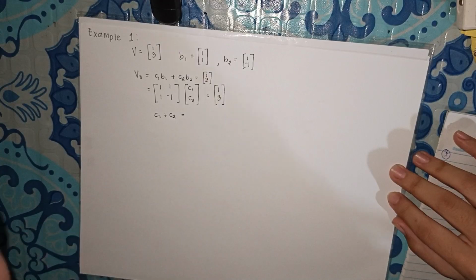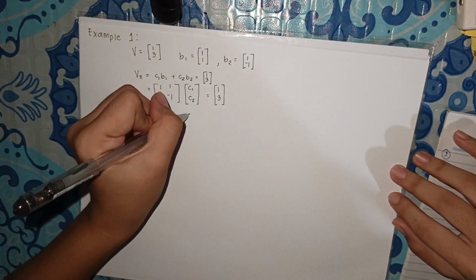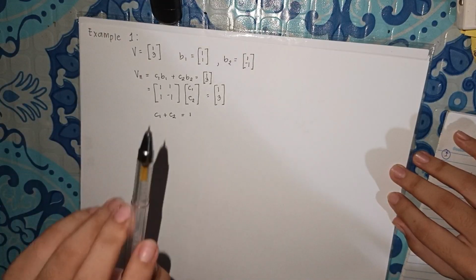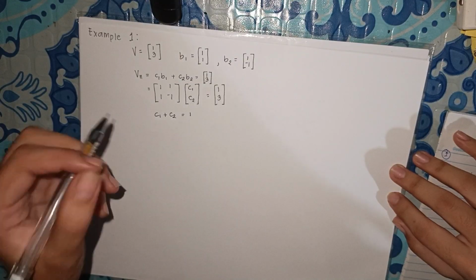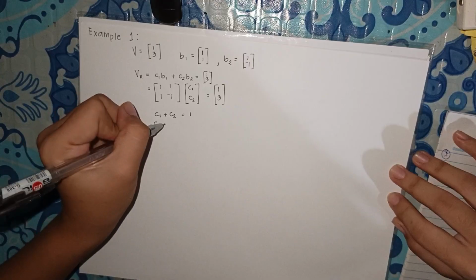the upper element of the vector. So, 1. Next is 1 times scalar 1 is scalar 1.